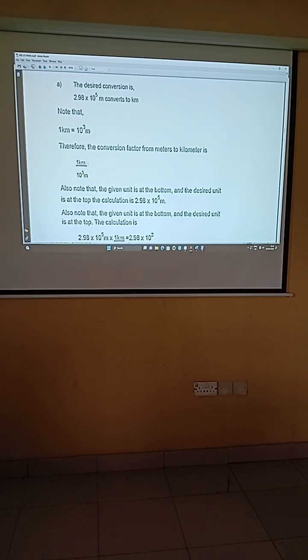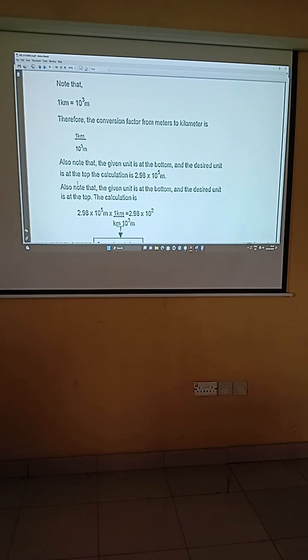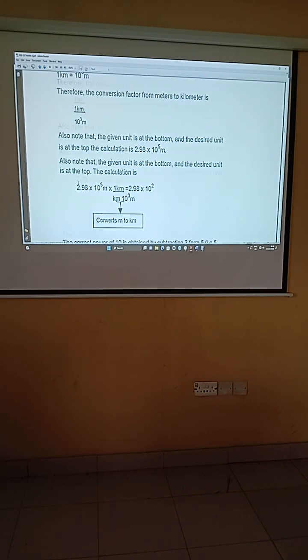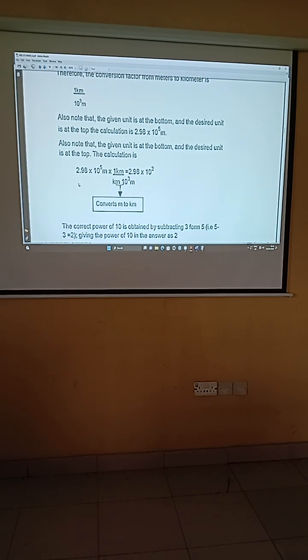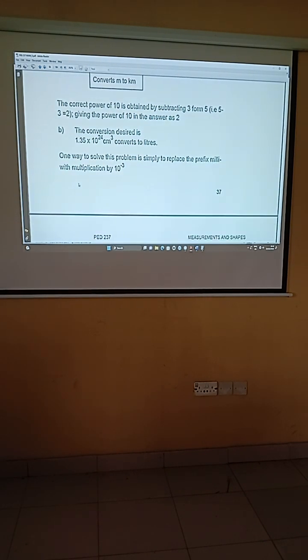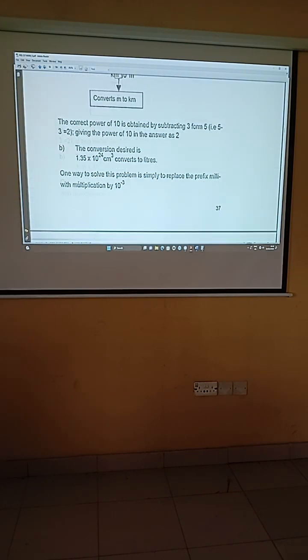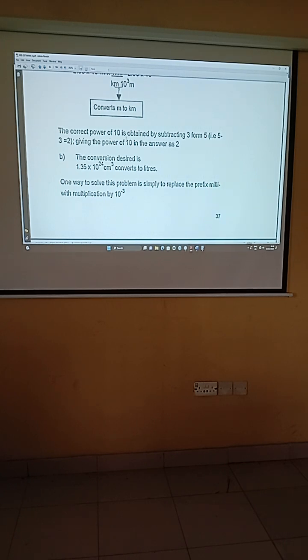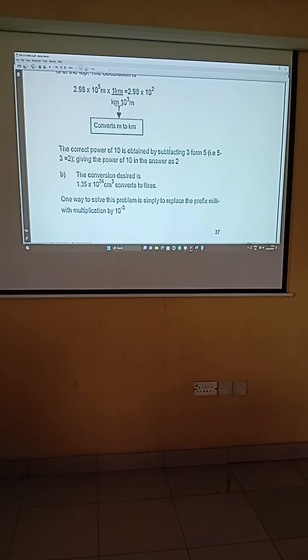So these are conversion factors. If we work with that, the conversion becomes easier. The correct power of 10 is obtained by subtracting 3 from 5, which is 2, giving the power of 10 in the answer as 2.